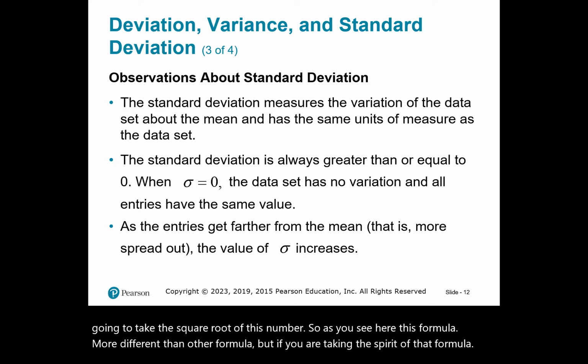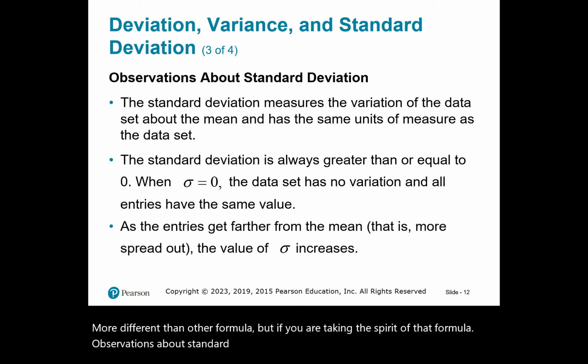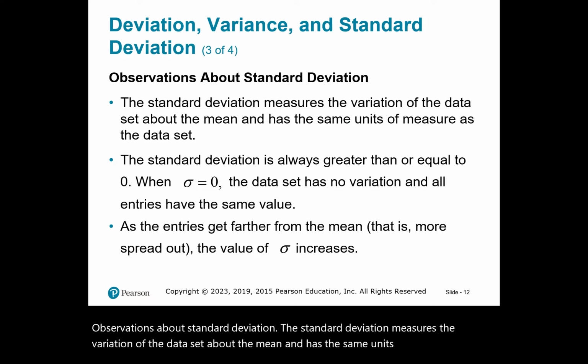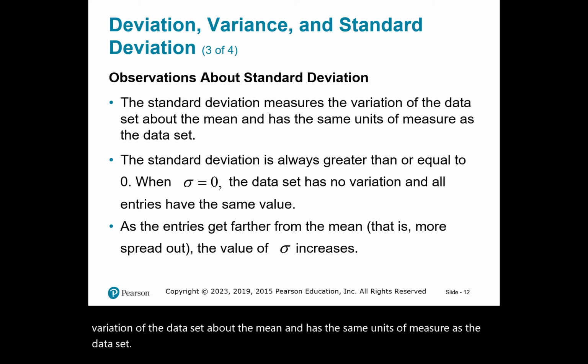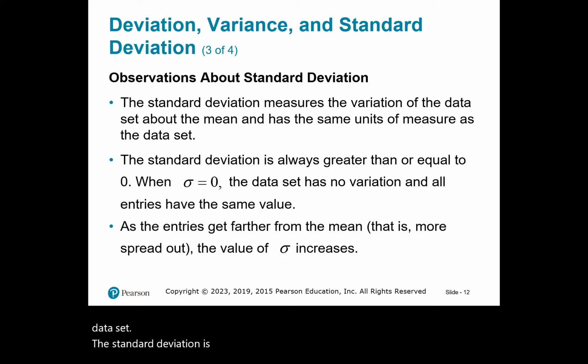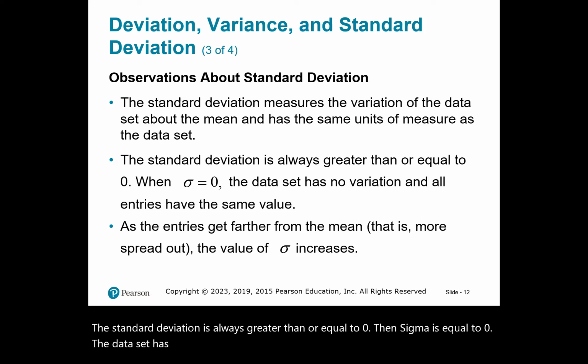Observations about standard deviation. The standard deviation measures the variation of the data set about the mean and has the same units of measure as the data set. The standard deviation is always greater than or equal to 0. When sigma is equal to 0, the data set has no variation and all entries have the same value. So this is a very important point.